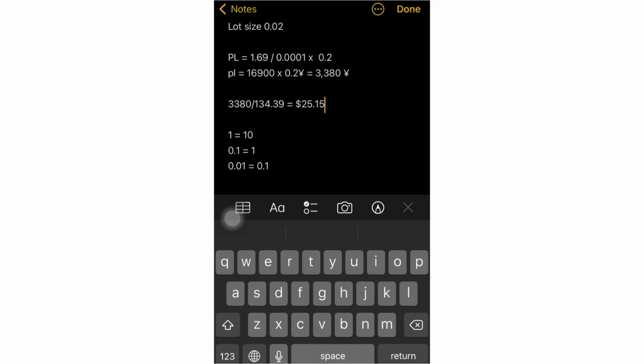when it comes to a currency that's not your account currency, like my account currency is USD. Suppose my account currency is JPY, I don't need to make any calculation. It's going to give me in JPY. Whatever I'm calculating now, I'm going to have it in JPY. So let me make it clear.